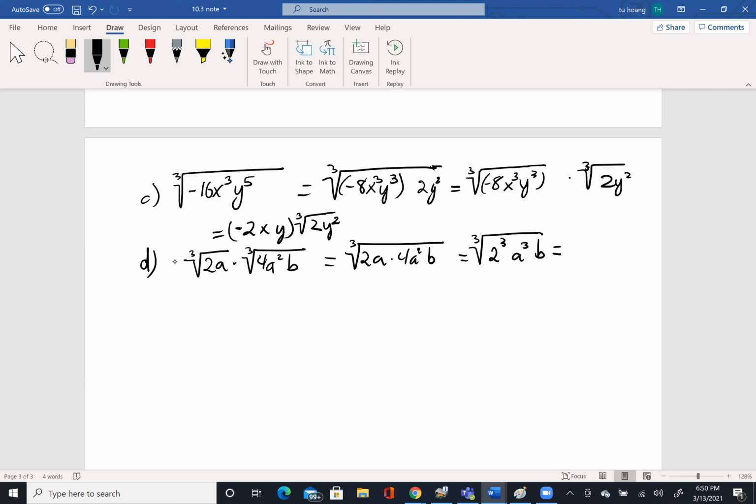So you can factor out the largest perfect cube as 2 cubed times a cubed, and then the cube root of b. So now you can have the answer as 2 times a times the cube root of b, and that should be the answer.